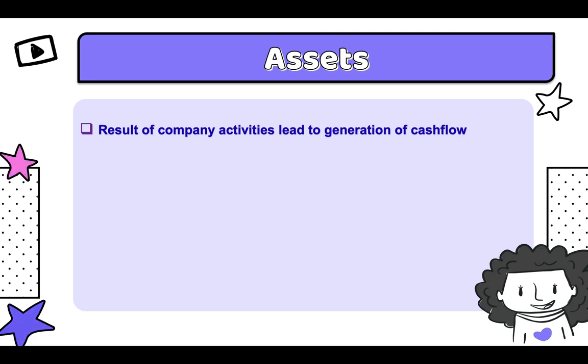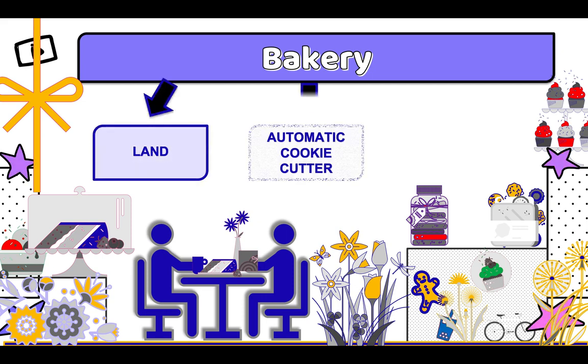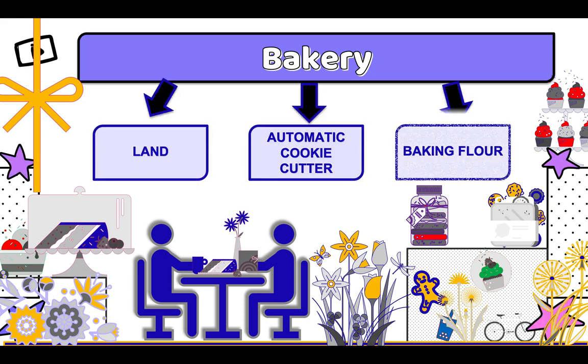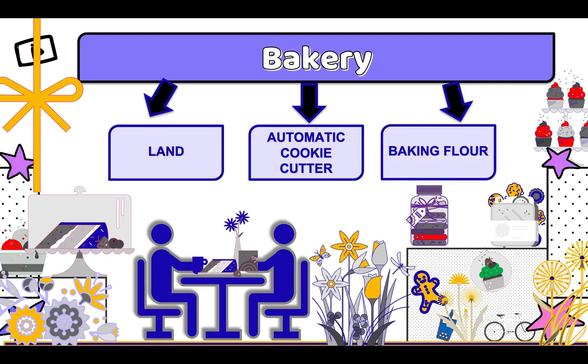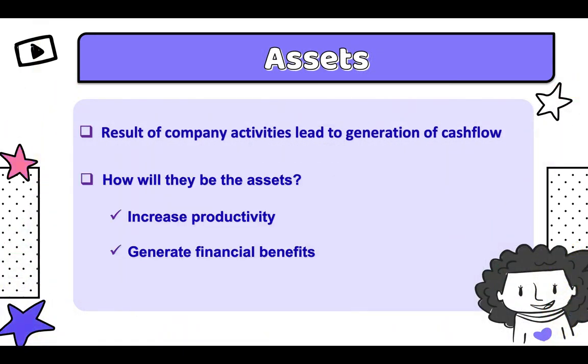For example, let's say you own a bakery, and for this bakery you buy a piece of land, an automatic cookie cutter, baking flour, etc. Then these will be accounted as the assets for your bakery. How will they be the assets? As these should increase your productivity and should result in generating more profits, which is basically what assets are.